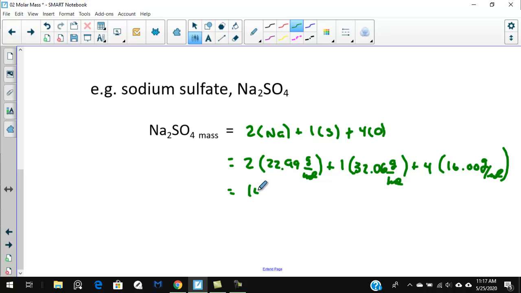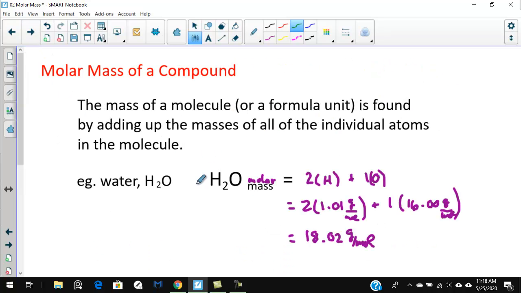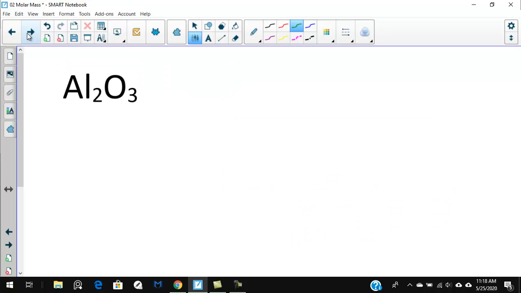So 142.04 grams in a mole of sodium sulfate. Okay, so that's the next little piece we've got to learn, how to calculate molar mass both for an element and for a molecule or a compound. And then we can move on from there, but we'll stop there.